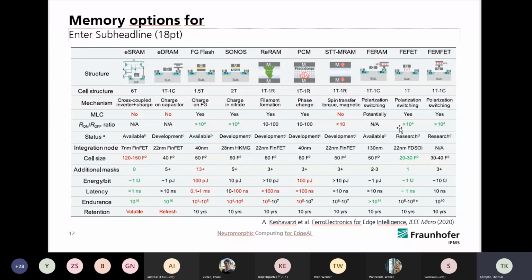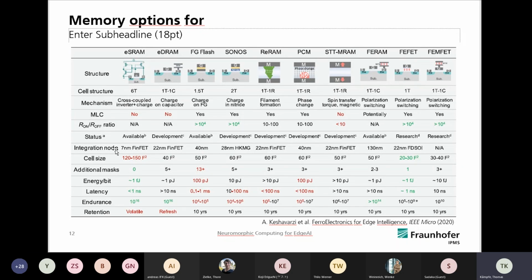Furthermore, it's interesting to identify the cost which is connected to using these memories. So how many additional masks have to be used to include this, as well as the cell size of them. So how many weights can we really store in such a memory macro, which is very important for the use for in-memory computing.